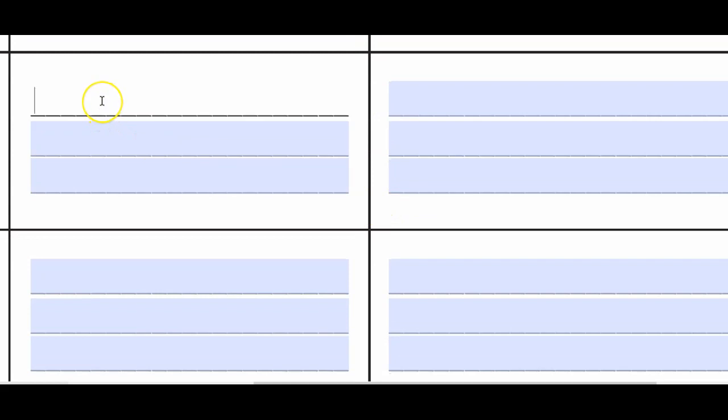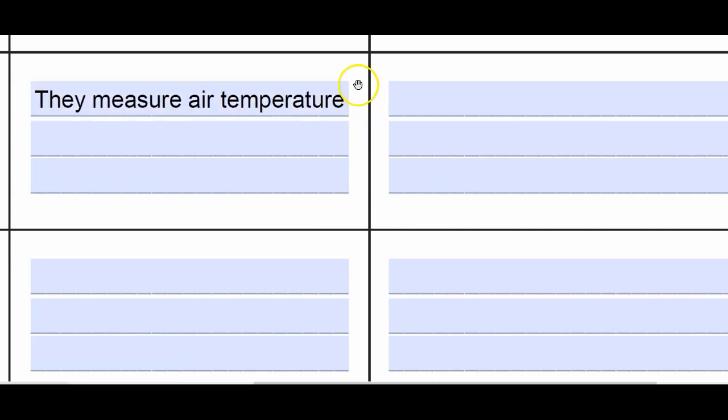So temperature, it says in the text, the context clues, it says they measure air temperature. Wait. Whoops. My bad.